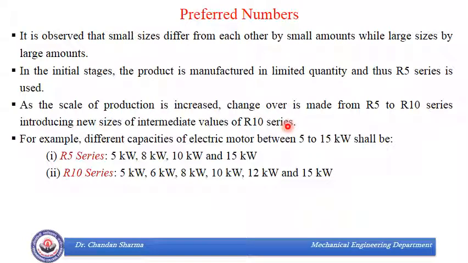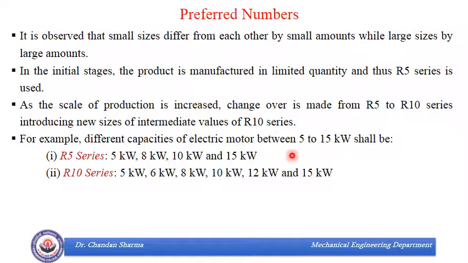Let us try to understand this with one example. These are the different capacities to be determined for an electric motor between 5 to 15 kilowatt. If a firm intends to start the production, they can initially choose the R5 series.